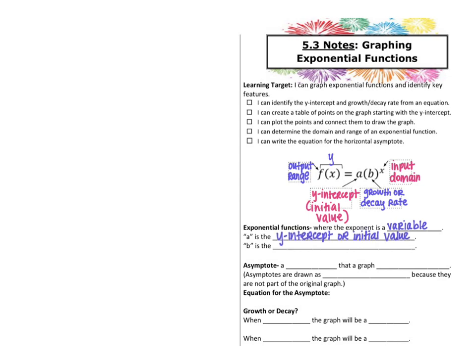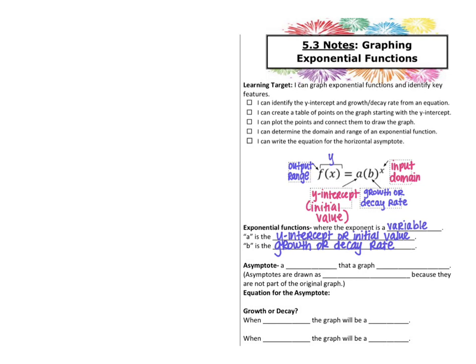And b is that growth or decay rate. Super, super, super important to be able to understand what the a is and what the b is, so make a note of that. A is your y-intercept, and b is that rate that you're going to be growing or decaying by.